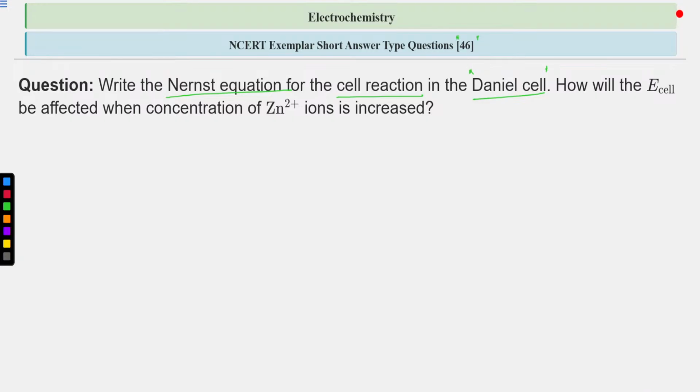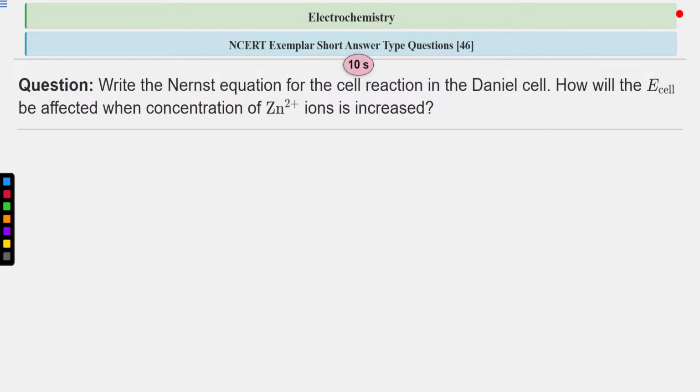You also have to tell how the cell potential will be affected when the concentration of Zn2+ ions is increased in the Daniell cell.